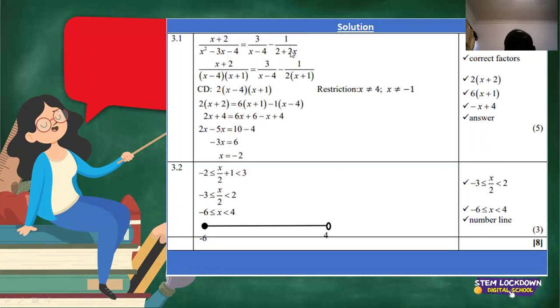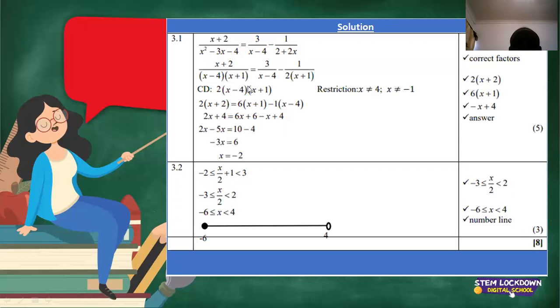This is 1 over, and factorizing this, because it can also be factorized, we get 2 into x plus 1. So this x plus 1, this x plus 1, this x minus 4, this x minus 4, and then there's a 2. Therefore, our lowest common denominator will be x minus 4, x plus 1, and what? Times 2. So our LCD will be 2 times x minus 4 times x plus 1. That'll be our lowest common denominator.